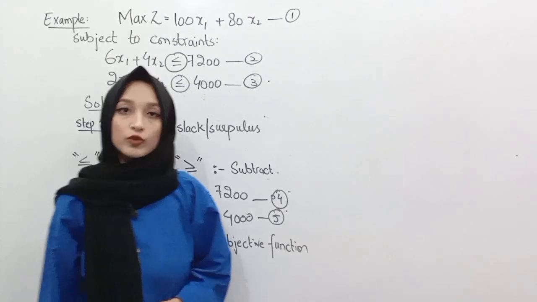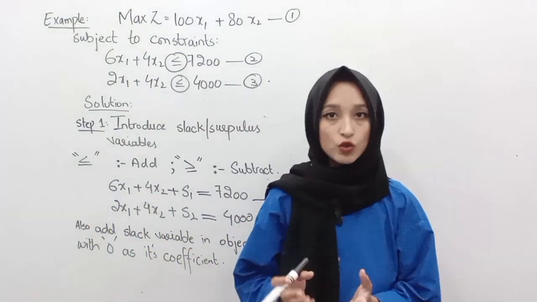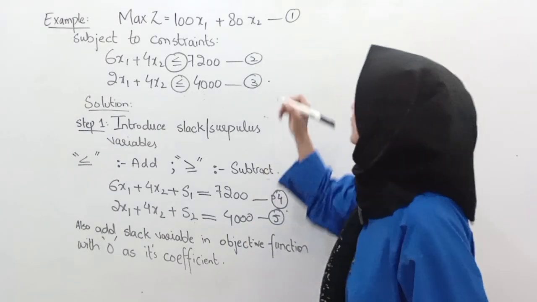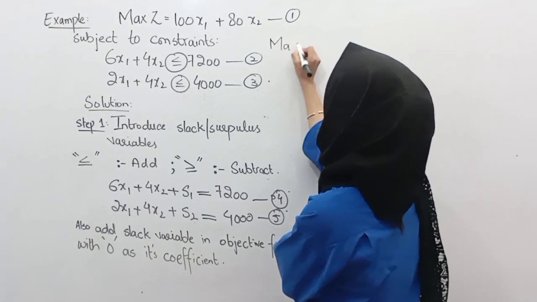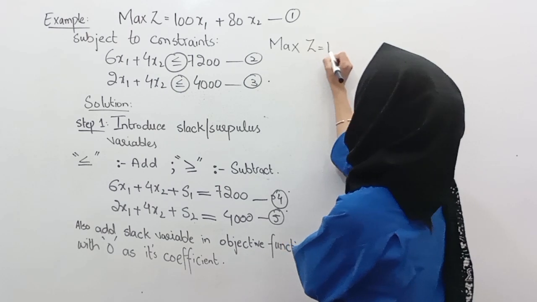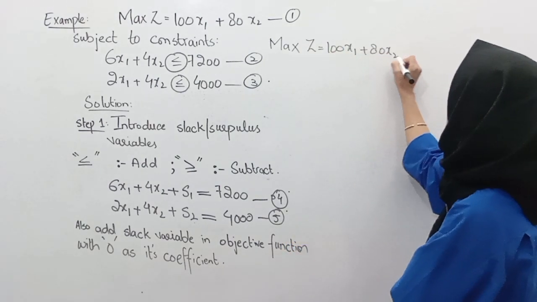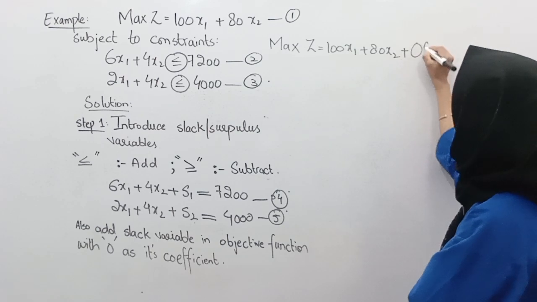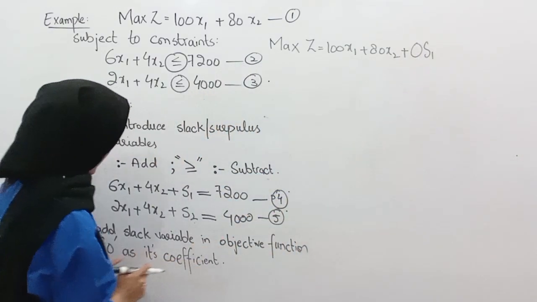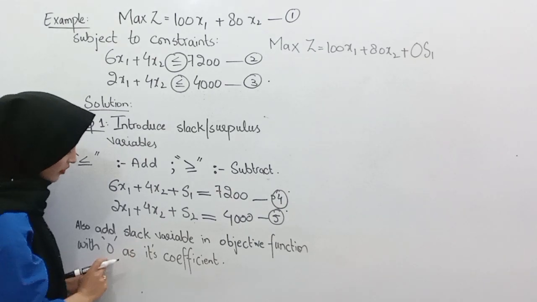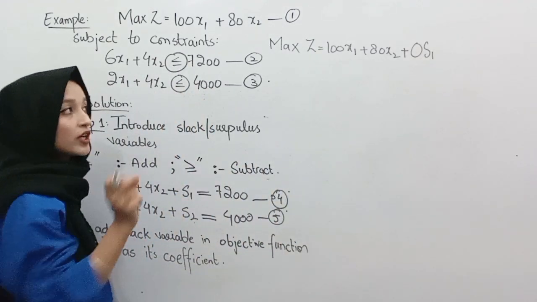We also have to add the slack variables in our objective function with 0 as their coefficient. So adding the slack variables in our objective function, we get maximum of z equals 100x1 plus 80x2 plus 0s1. Why did I use a 0 here? Because it's a step that we have to write a slack variable with 0 as its coefficient in the objective function, so it is very important to write 0 here.